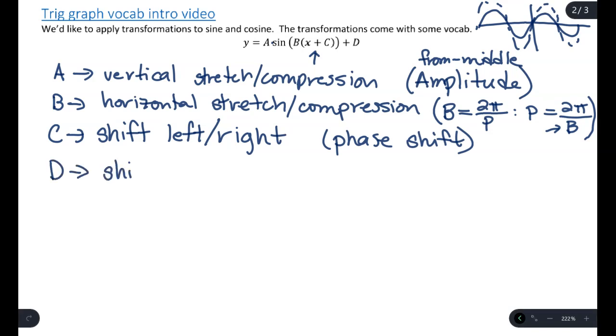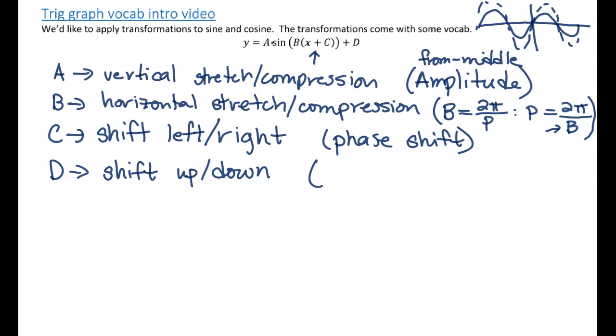D represents shifting up or down. This is added to your function. So that's going to be vertical shift, shift up or down. And what this affects is where the middle of your wave is. All these basic wave shapes we've been looking at have had their vertical center on the x-axis. So they go up one from the x-axis and down one from the x-axis.